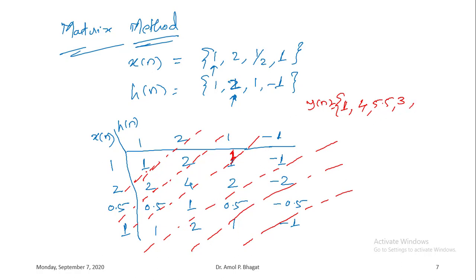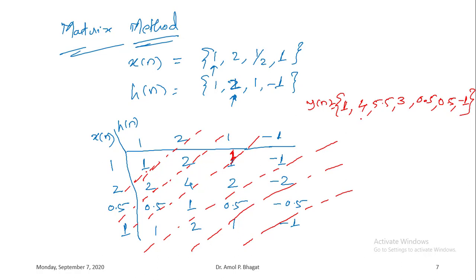Then again 2 plus 0.5 minus 2 will be 0.5, right? Similarly 1 minus 0.5 will be 0.5, and the last value is minus 1. So this is how you obtain it as a matrix.